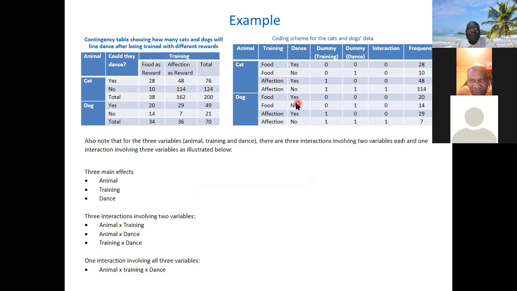Okay, look at it now. We have for cat now, food, yes, no. Then affection, yes. Affection, no. I don't know the best way for us to understand this.